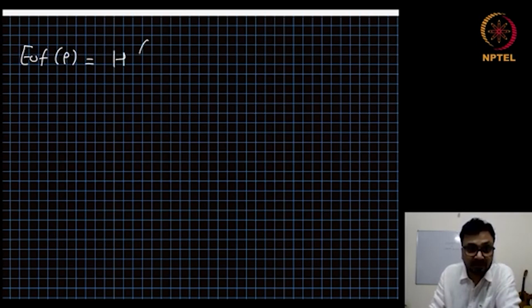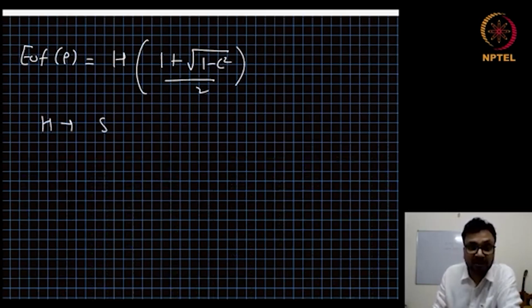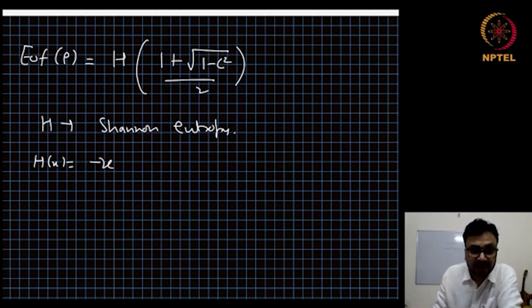Now, this is not the entanglement of formation. The entanglement of formation of rho is defined by the function h of (1 plus square root of 1 minus C square) over 2, where this function h is called the Shannon entropy. It is defined as h of x equals minus x log x minus (1 minus x) log of (1 minus x).